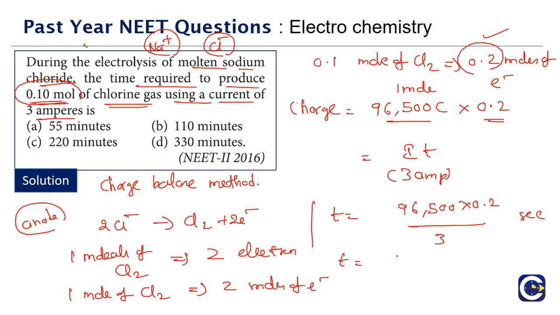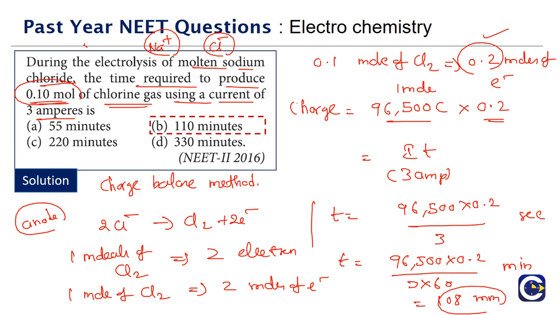Means we want the time in minutes, so we should divide this by 60. If we simplify it, the value will be approximately 108. So what is the closest answer? It is option B, which is around 110 minutes.